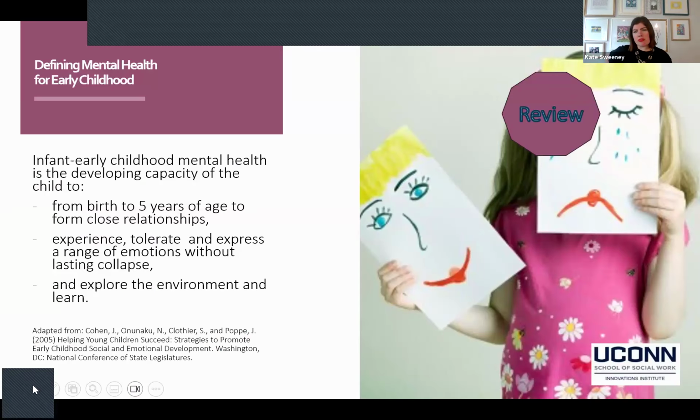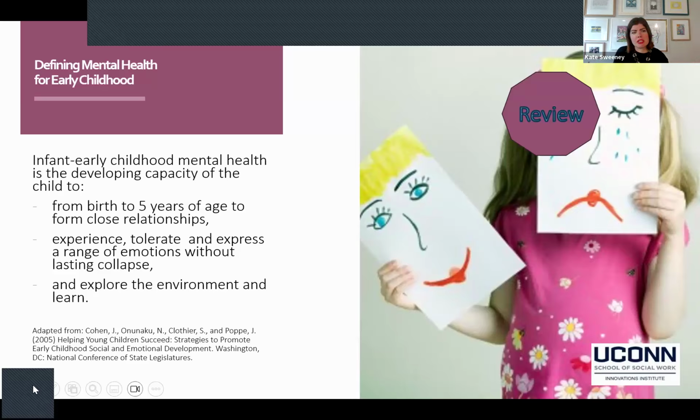And this is the second review or grounding slide. This is considered our national definition of infant and early childhood mental health as the developing capacity between birth and age 5, some would say even a little bit longer now, to form and develop close relationships, to experience, tolerate, and express a range of emotions without lasting collapse, and to explore the environment and learn from it.